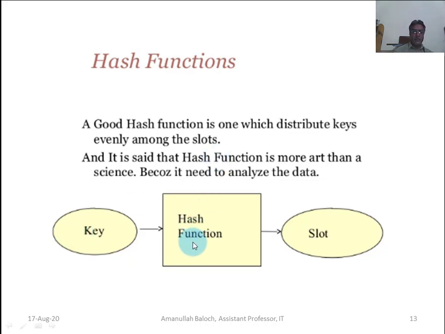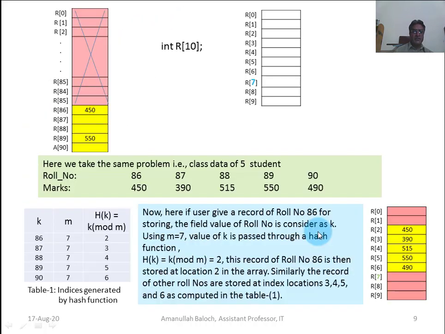Key, then hash function, and then slot. Key is the roll number, the hash function we have already seen, and the slots are the cells of the array which we have discussed here. These are the keys, this is the hash function, and these are the slots. 2 is the index number, that is this slot. 3 is the index number, that is this slot.